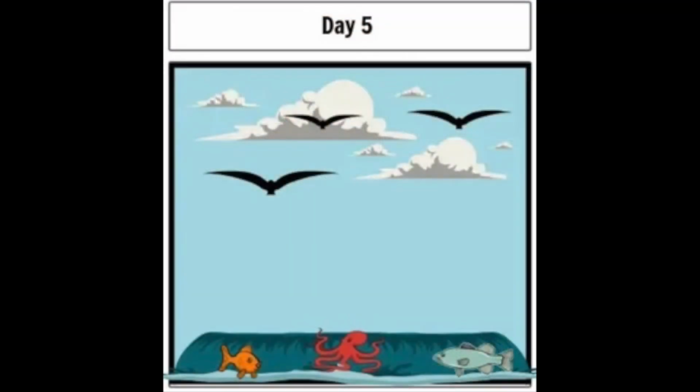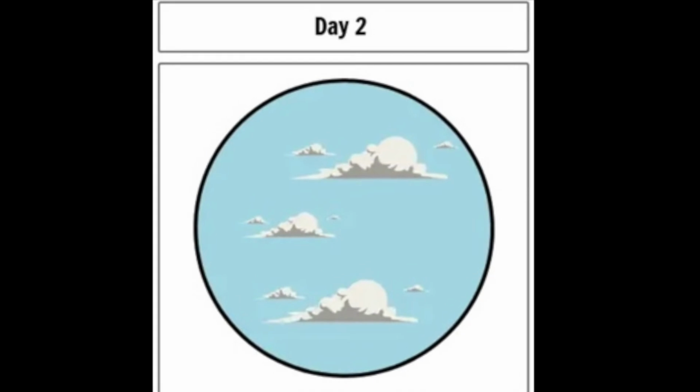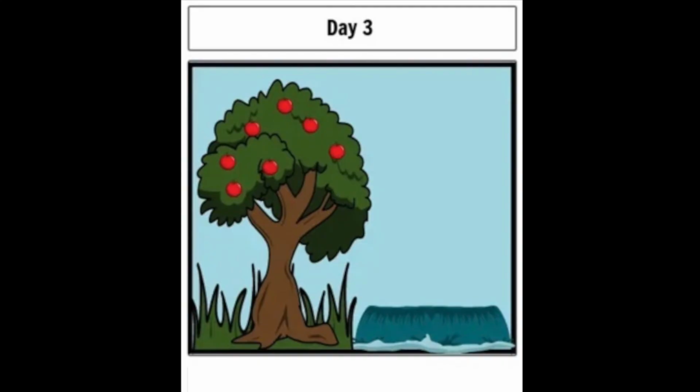And then on day 5, we have the fish and the birds created, and that corresponds to day 2, where the waters are divided. You have the fish that teem in the waters under the earth, and you have the birds that fly in the air above the firmament. And then on day 3, we had earth and vegetation appear.